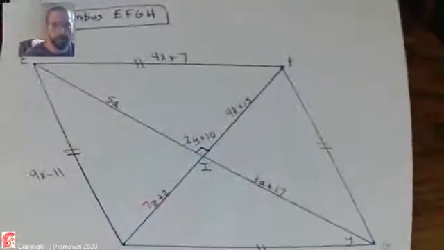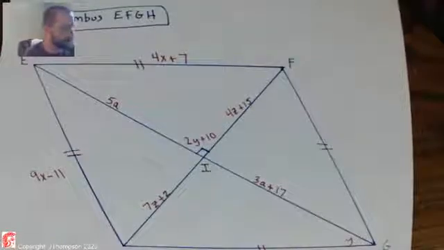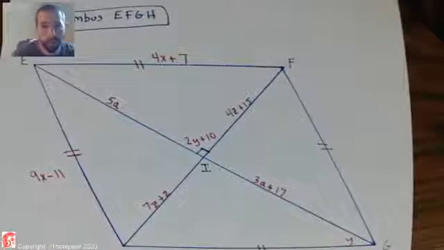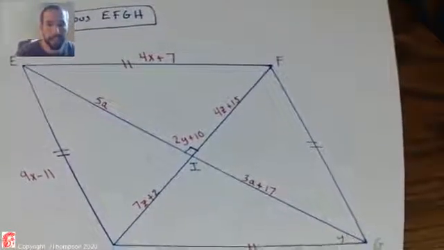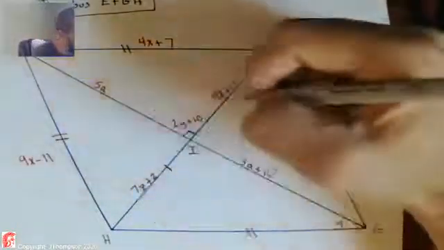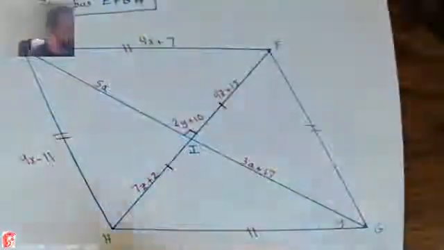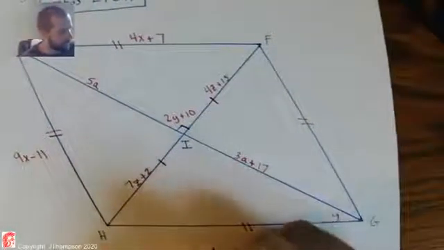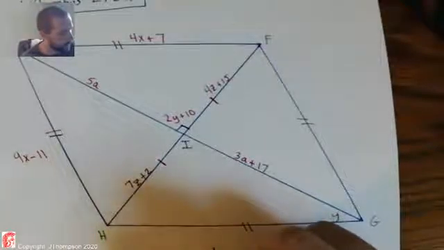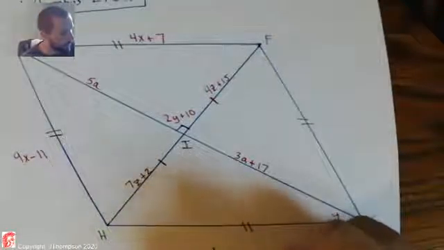All right, the next one that I'm going to solve for is z. In a rhombus, or actually for that matter, every single type of parallelogram, the diagonals bisect each other. So that means that EG is bisecting FH, so HI would be congruent to IF. So these two pieces are going to be equal. The 7x plus 2 is going to be equal to the 4z plus 15.